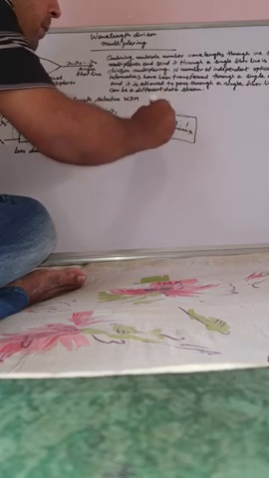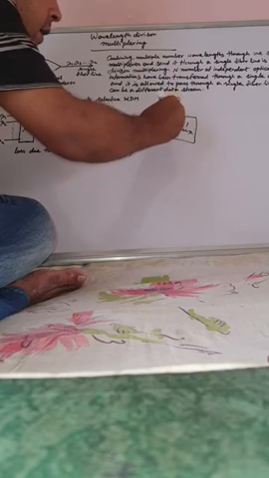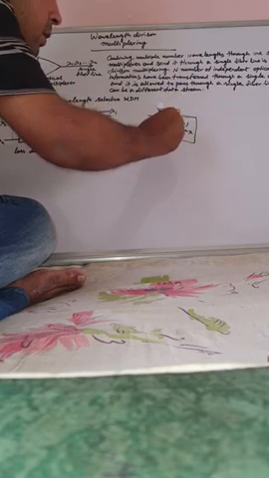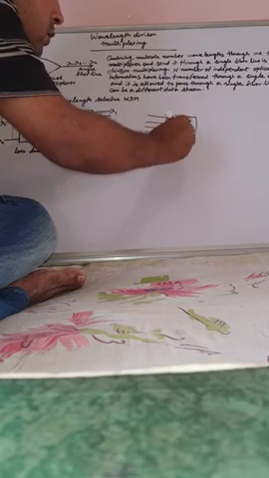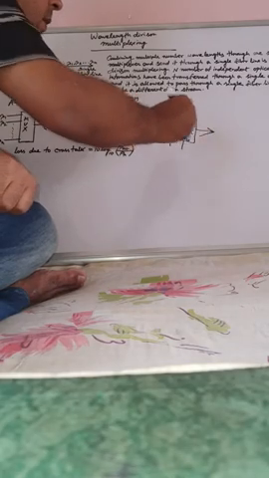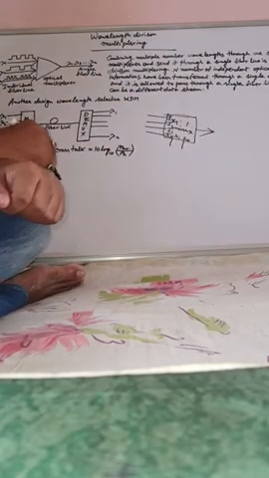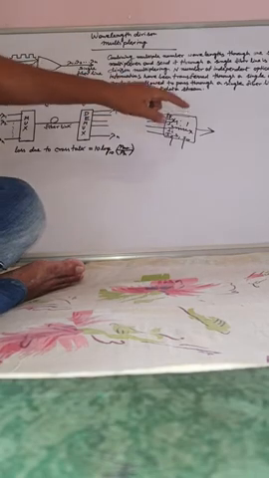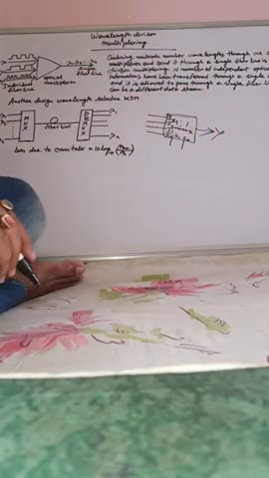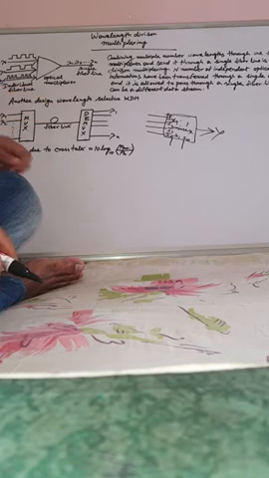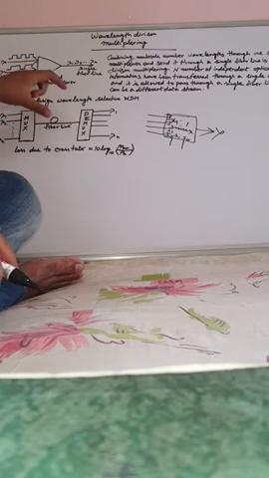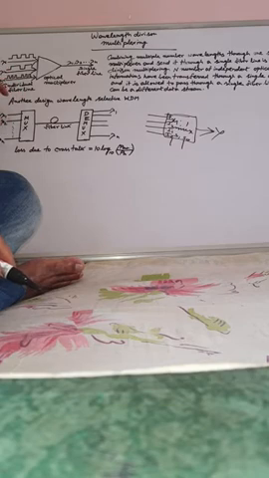So 4 input lines, I0, I1, I2, I3, 2 select lines, S0, S1, and 1 output line. This is called a mux. So n inputs are fed to a single mux, and then with the help of one common fiber link, we are sending the n input data streams to the demultiplexer.